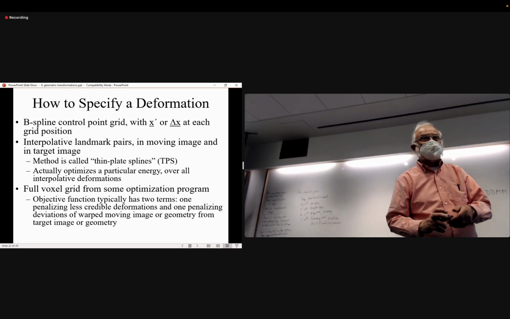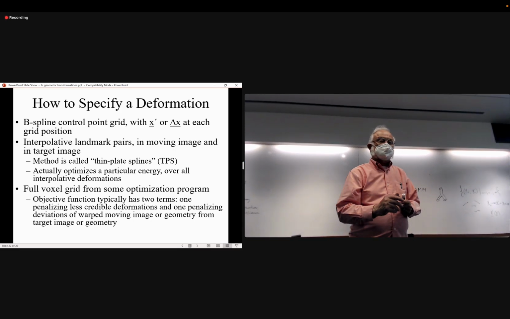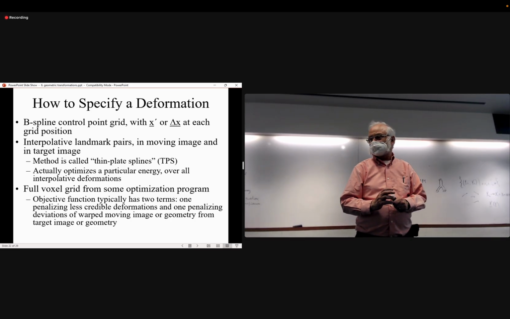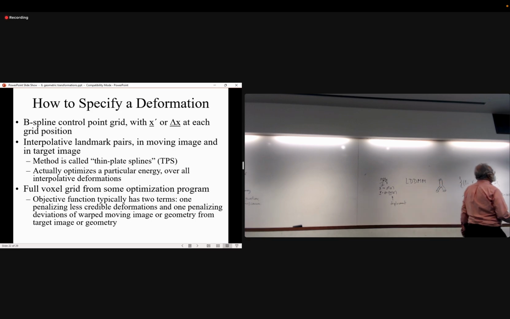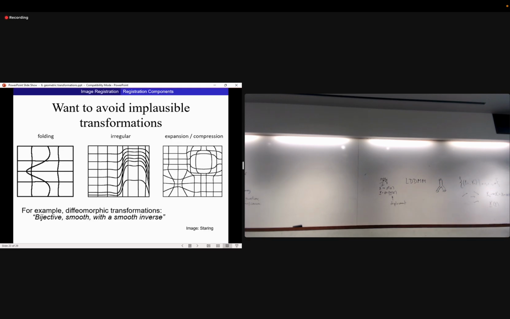Whether the transformation it produces is beautiful, well, it does in many cases, and it doesn't in many cases. You'll see why. So we don't want non-one-to-one transformations. We don't want truly irregular ones. We want them to be smooth.